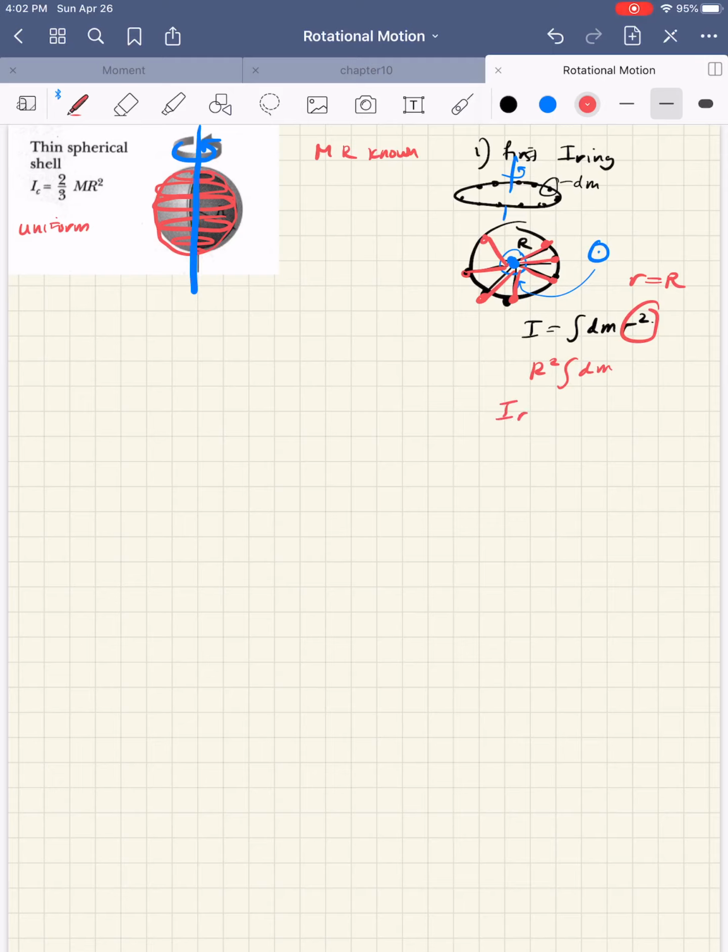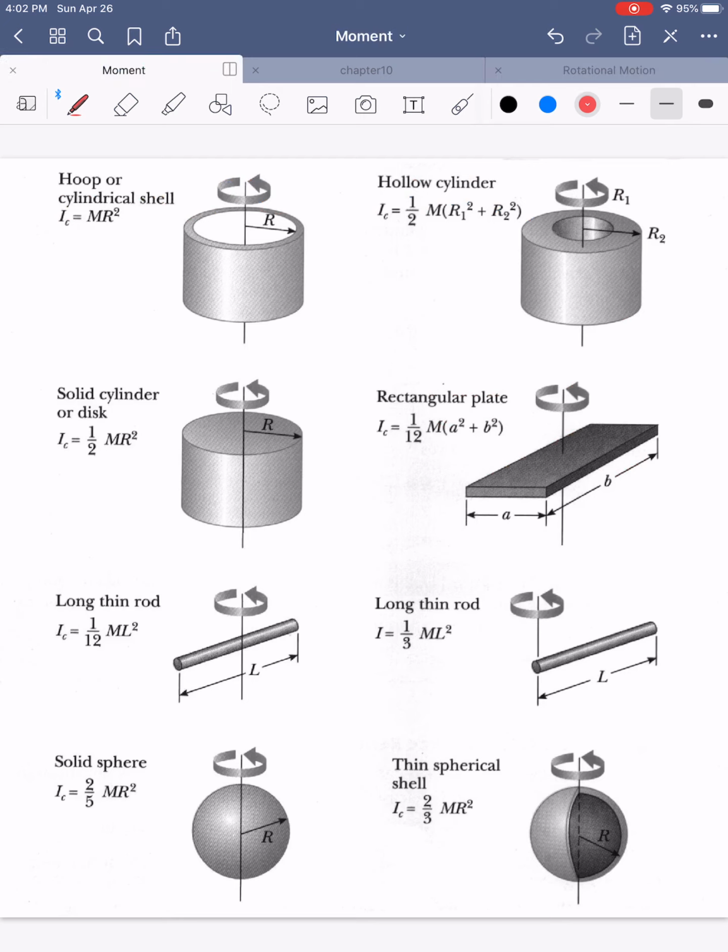And the moment of inertia of a ring is then just r squared times the integral of all the little masses, which is just the total mass m, or it's mr squared. And if you go back and look at my sheet here, here it is, the moment of inertia of a hoop or cylindrical shell.